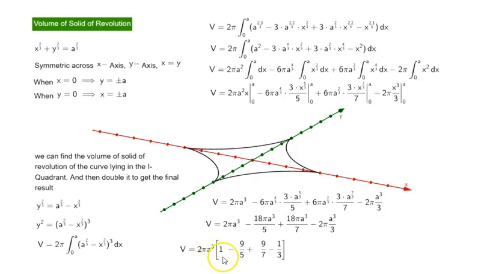So 2 pi a cube times 1 minus, 2 has been taken out, so 9/5. Pi a cube is also taken out. So nothing left other than 9/5 plus 9/7 minus 1/3. Now combining all these things, we get V is equal to 32/105 pi a cube. So that is the volume of the solid of revolution.